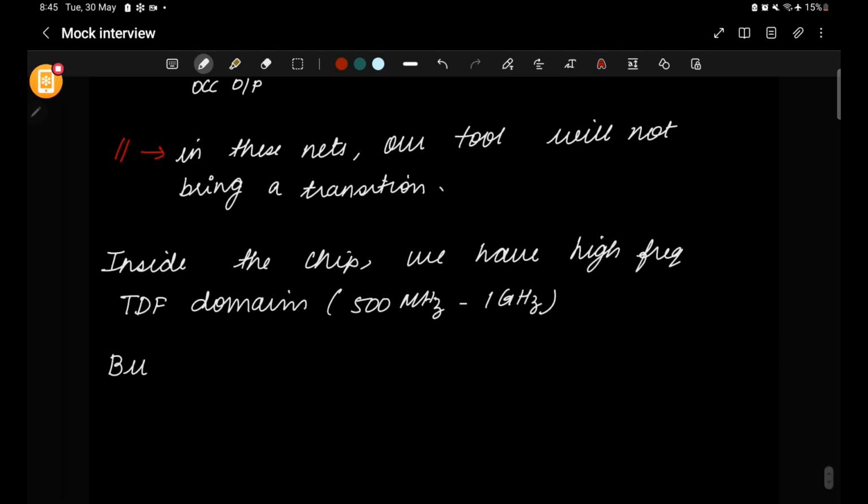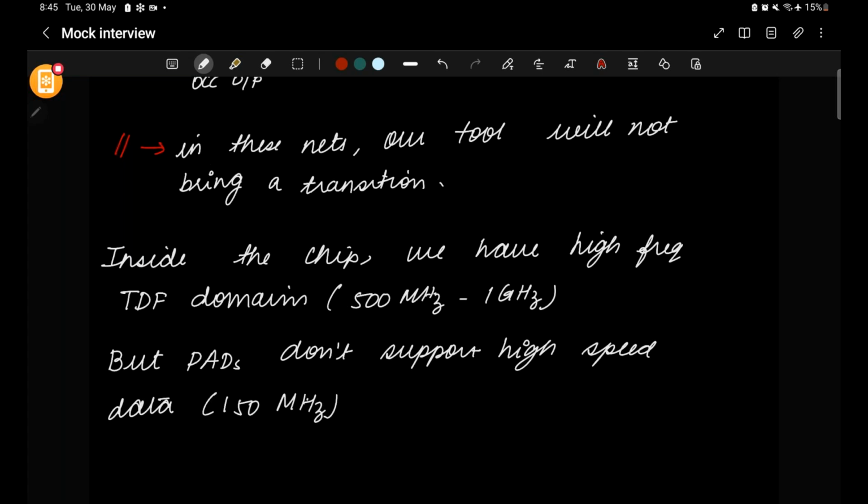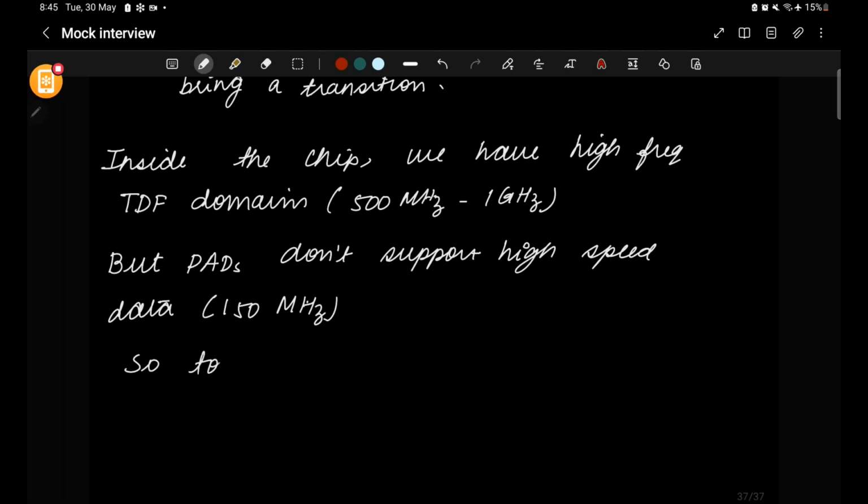But pads don't support such high data rates; they can support only up to around 150 megahertz. So our tool holds the primary input to a constant value, 0 or 1, during the capture phase.